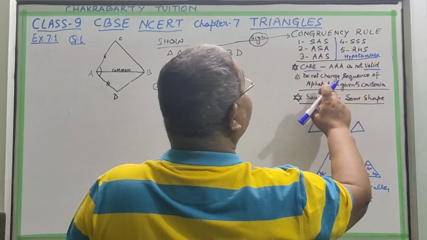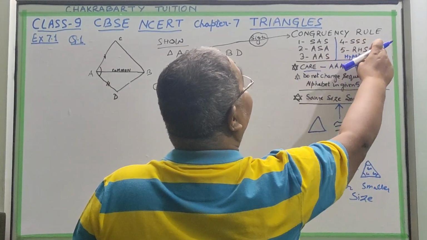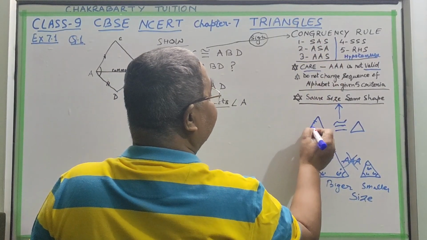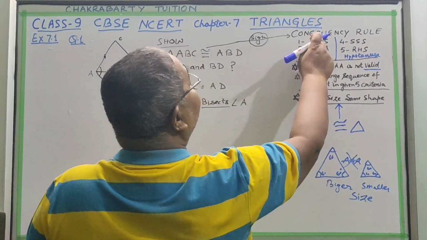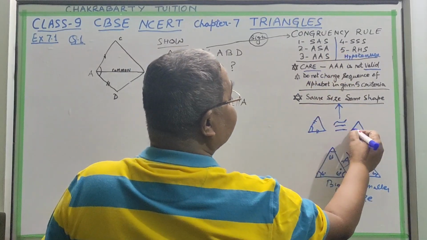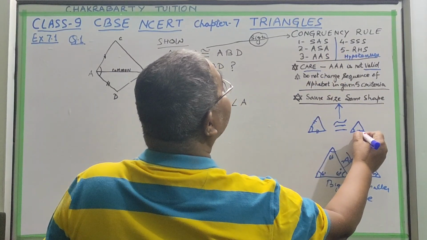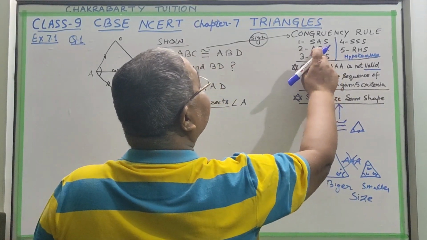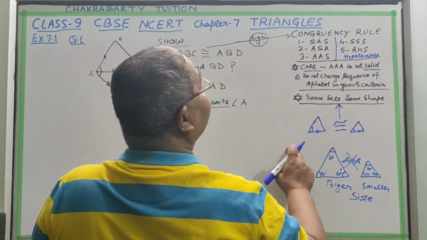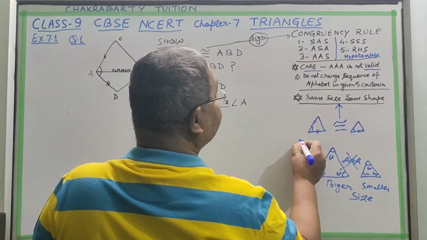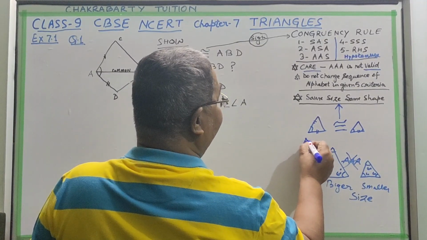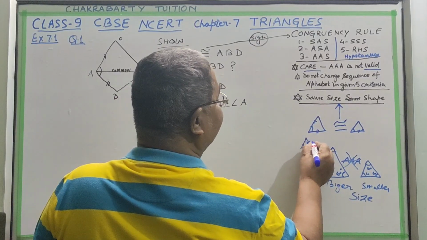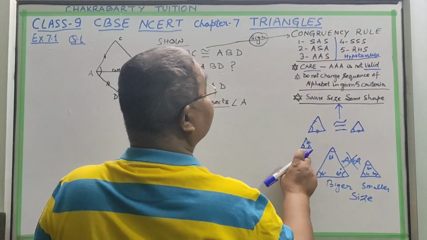And do not change the sequence of alphabet given in the 5 criteria. If it is side angle side, it means side, angle and side. You should not change this sequence. Angle side angle means, suppose it is a triangle, then angle, side and angle, like this it should be.